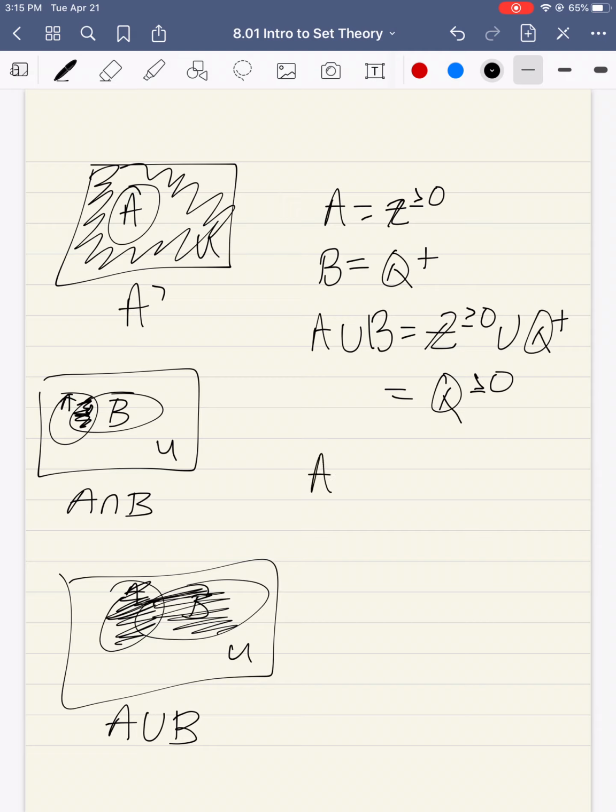However, if I have A intersect B, so the non-negative integers intersect with the positive rationals, then that is going to be equal to the set of positive integers. We're going to do a lot more with this next week. So just giving you a preview of what is to come.